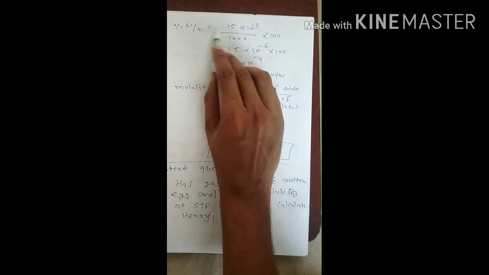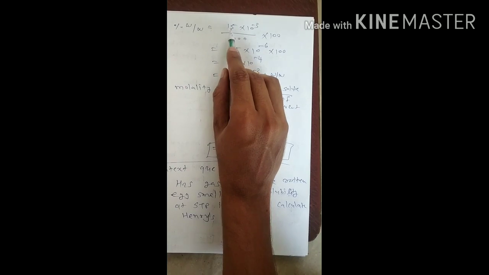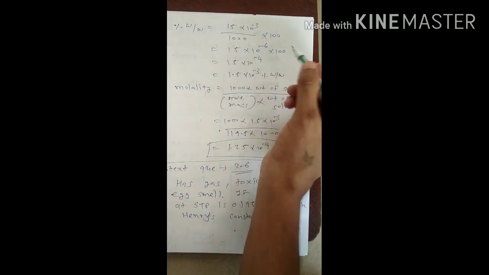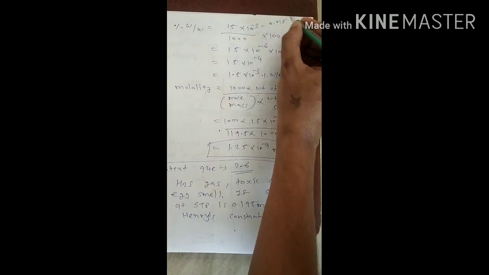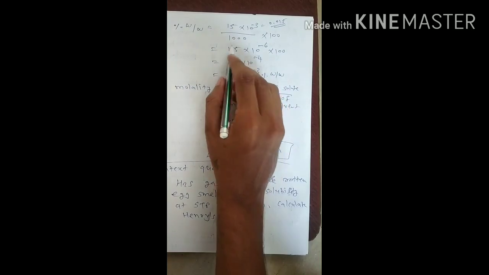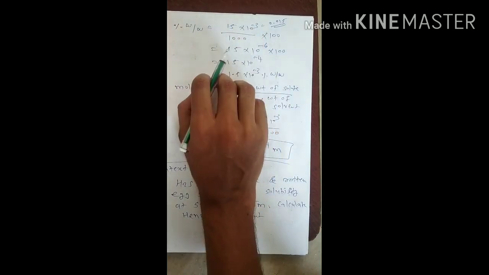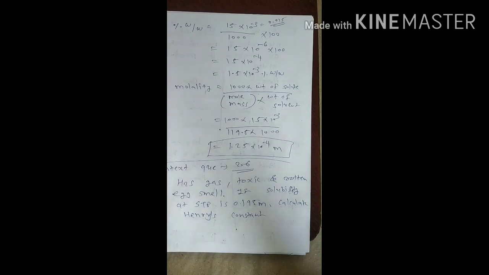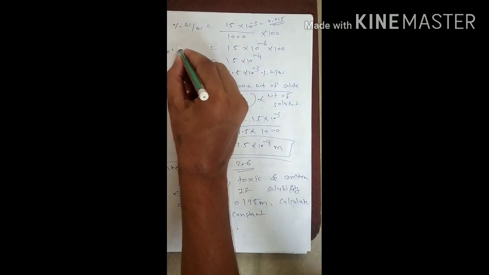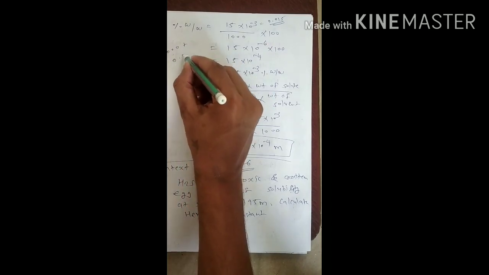Now the weight of solute is in milligram, so 15 into 10 raised to minus 3, that is 0.015. In the denominator you have to write 1000 plus 15 into 10 raised to minus 3, that is 1000 plus 0.015.